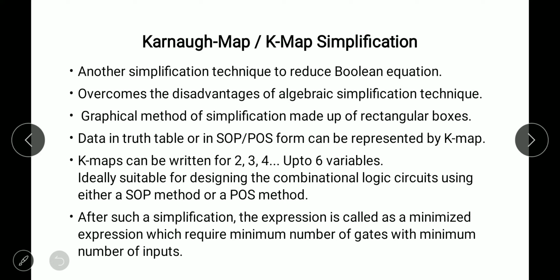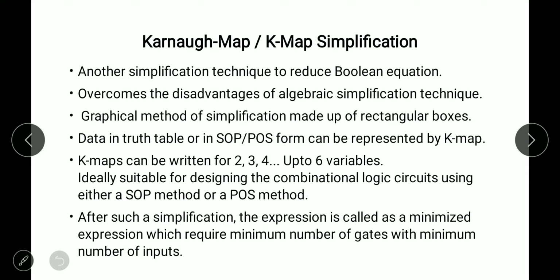Then next is Karnaugh map or K-map simplification. It is another simplification technique to reduce the Boolean expression, and it overcomes the disadvantage of the algebraic simplification technique. It is a graphical method; here we don't need any laws. Even if you don't know the laws by heart, you can still write the simplified expression using the K-map.